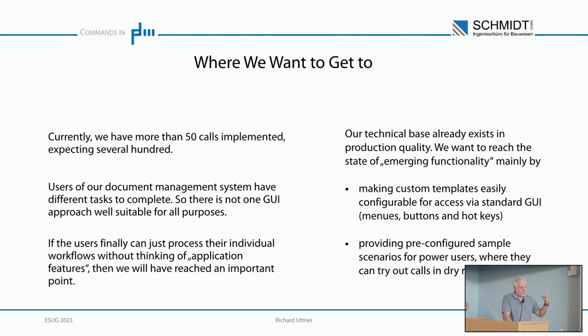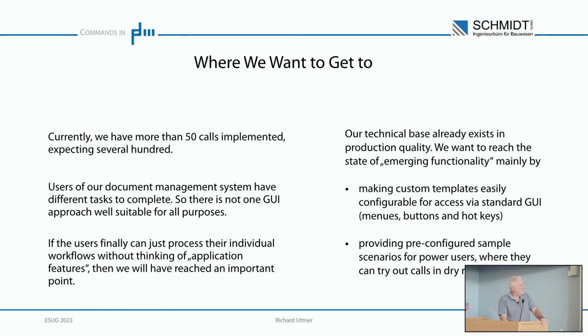And what we finally want to reach is a point where we do not focus on certain simple specific features, but we are really targeting something that makes the functionality emerge by the way people learn to use the system.